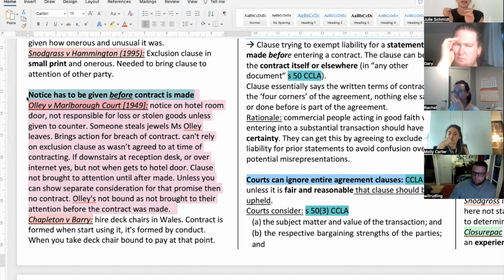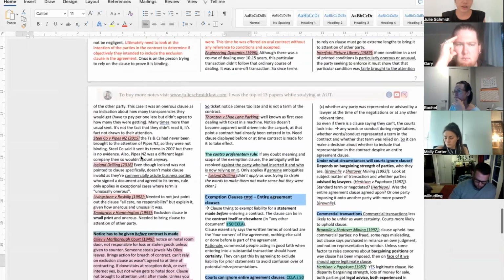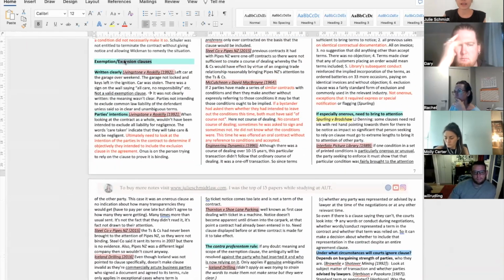You said, I'm going to get this room for this amount of money. The contract was executed at that desk. So when you later went up and walked to the hotel door, the contract was already made. That's not a term of your contract. So exclusion clauses need to be part of the contract.